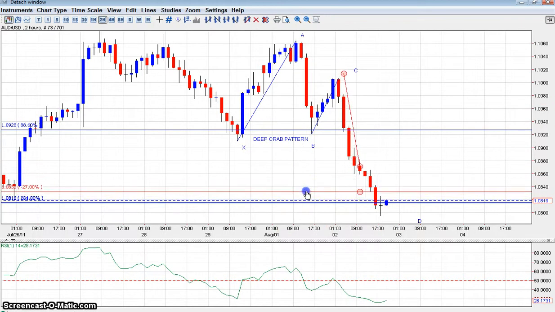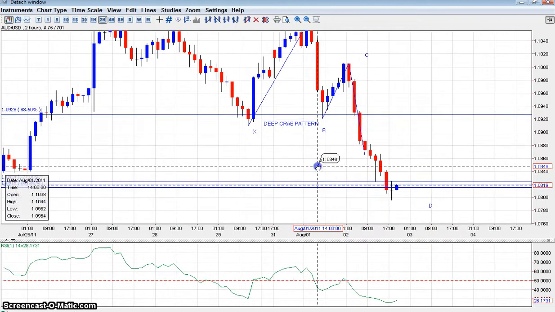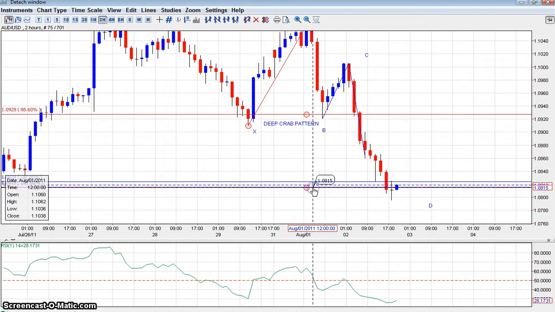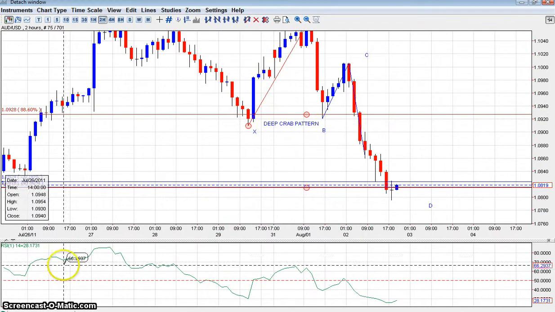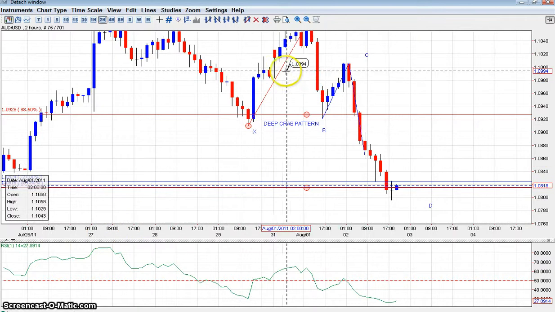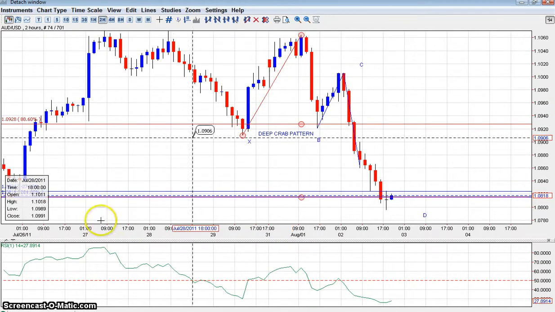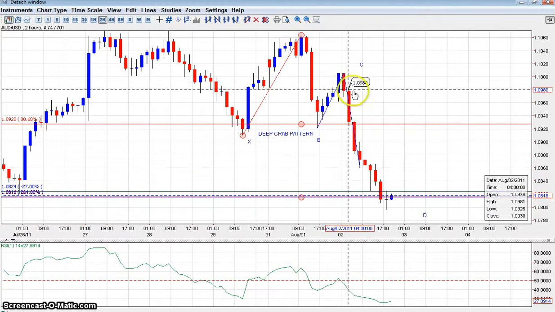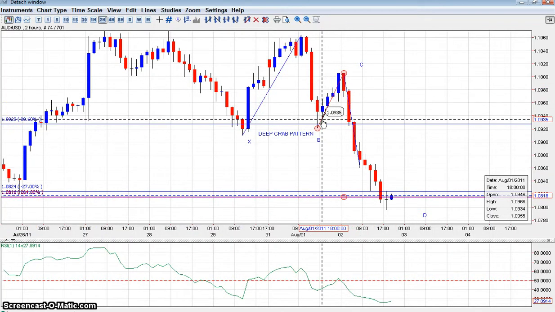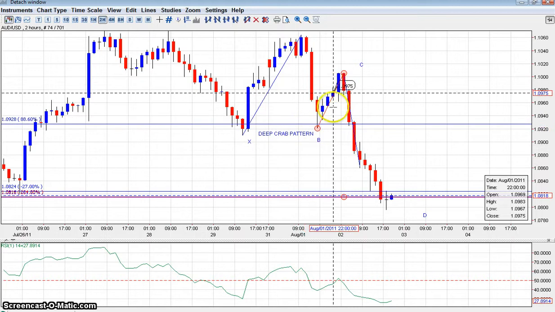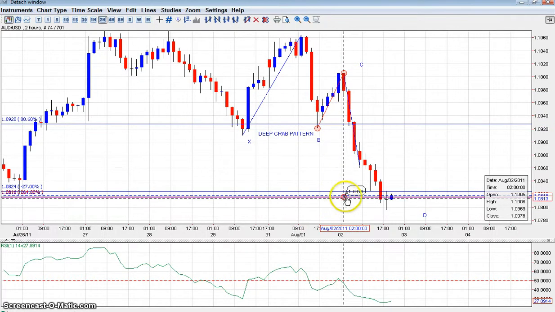Then you've got the 2 other price levels, which are literally on top of each other: the 161.8 Fibonacci extension of the XA leg, this one right here, and the 224 Fibonacci extension of the BC leg.